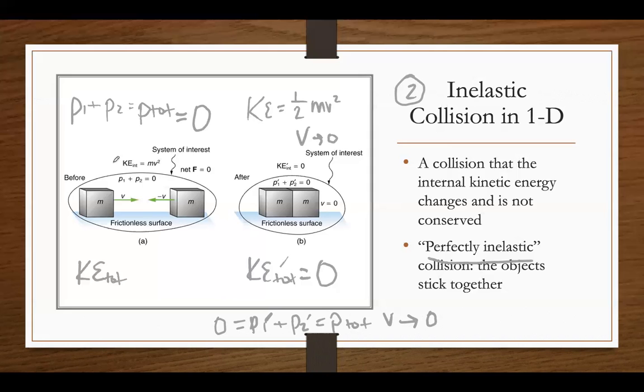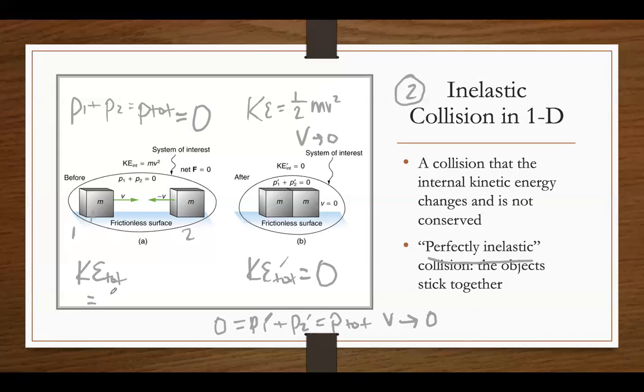One other thing to notice, other than that the kinetic energies are different, is why this kinetic energy is just mv squared, because I just said that kinetic energy equals 1/2 mv squared. In this case we have the kinetic energy of the first block and the kinetic energy of the second block.